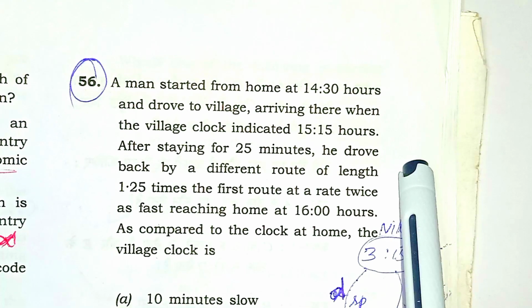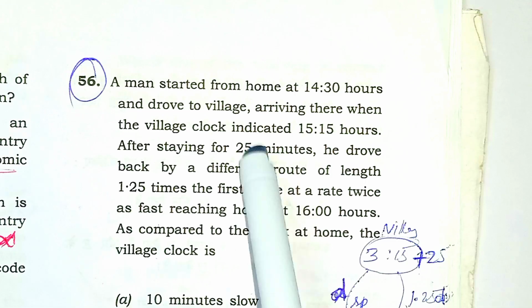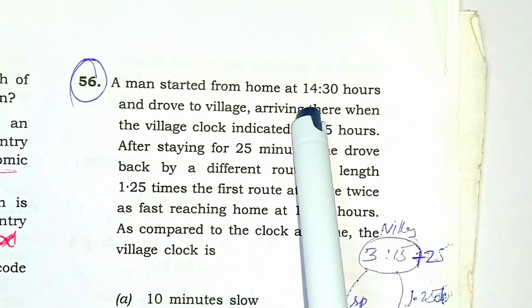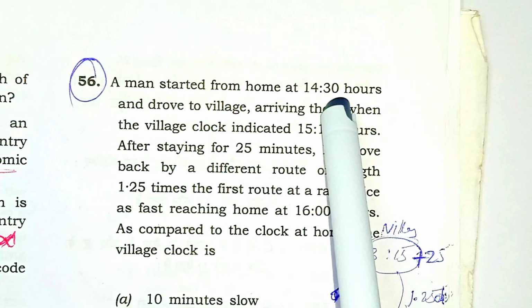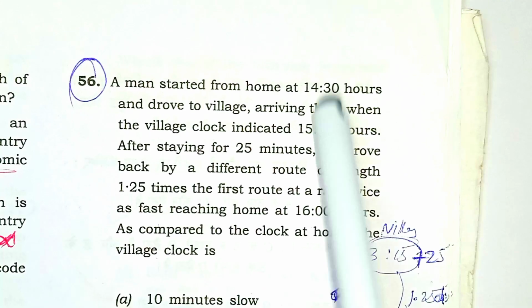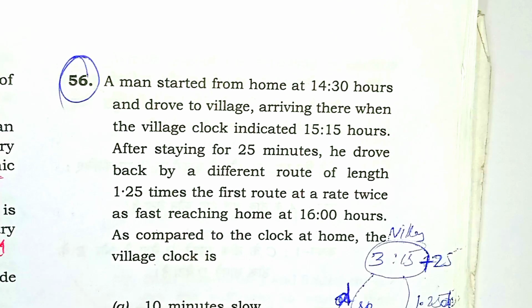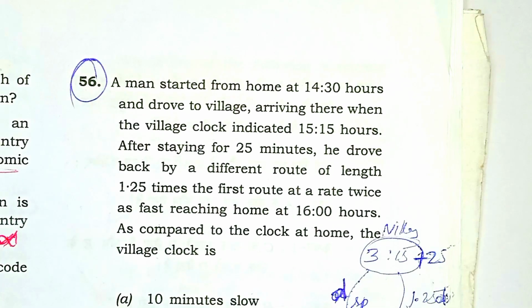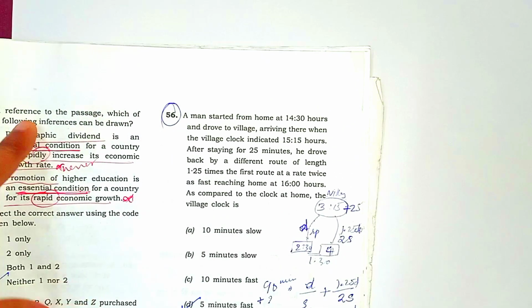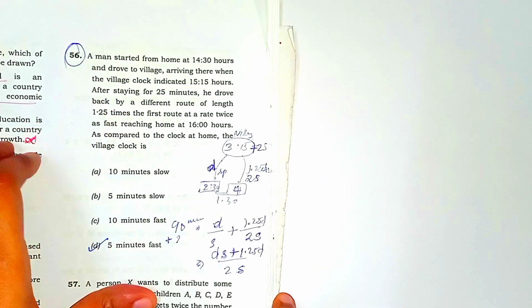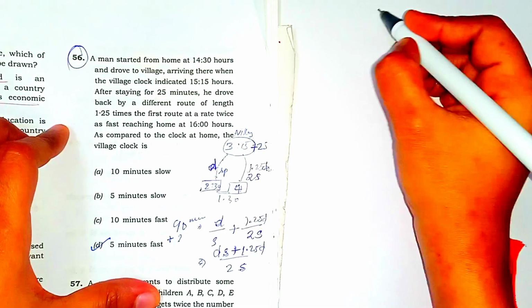A man is starting from home and his home time is showing as 2:30. Okay, and he drove to village. Let me show you. A man started from home.